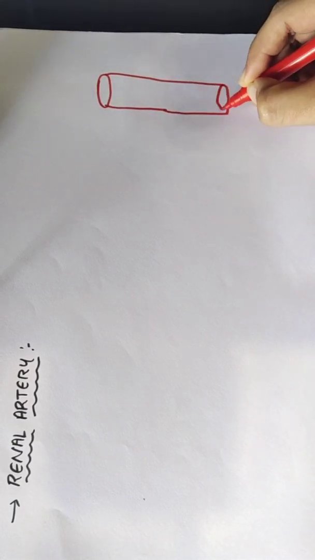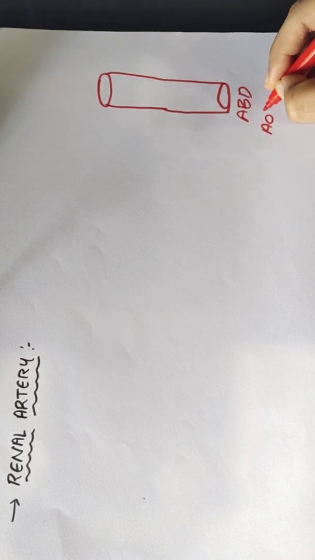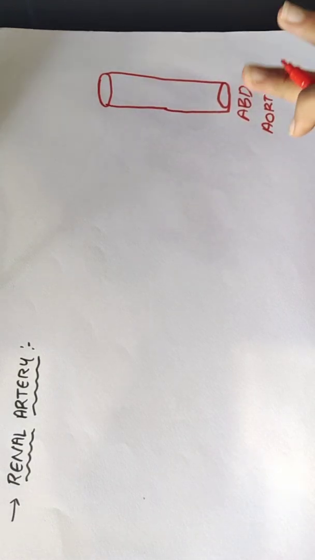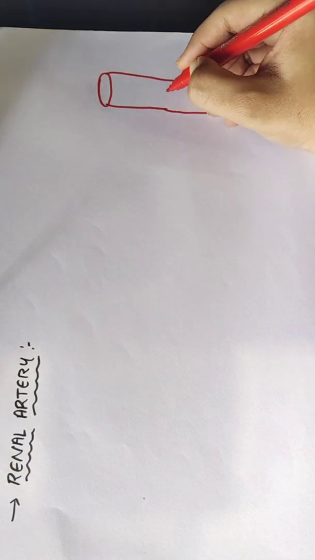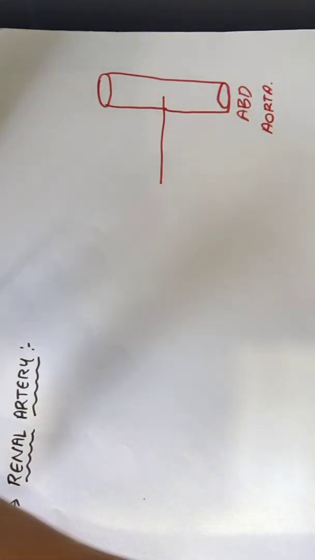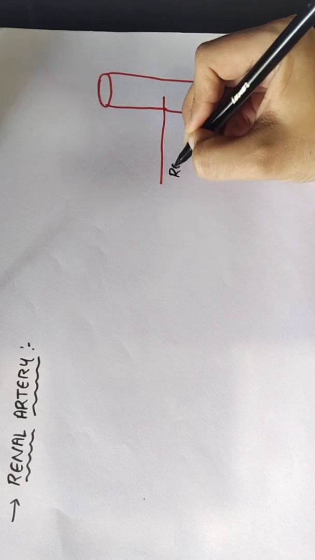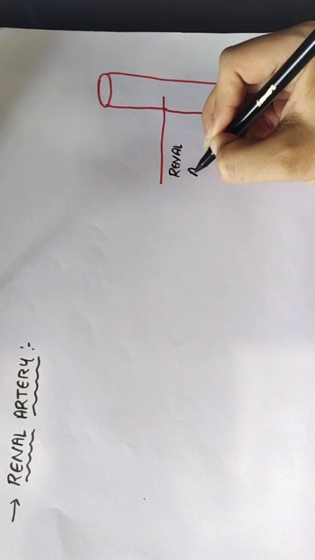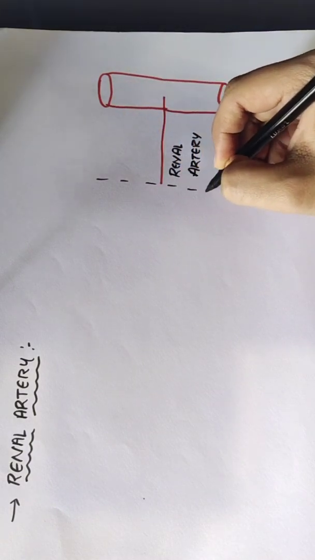Imagine this as the abdominal aorta. From this abdominal aorta, the main important branch, the renal artery, comes. So we'll name this as renal artery.